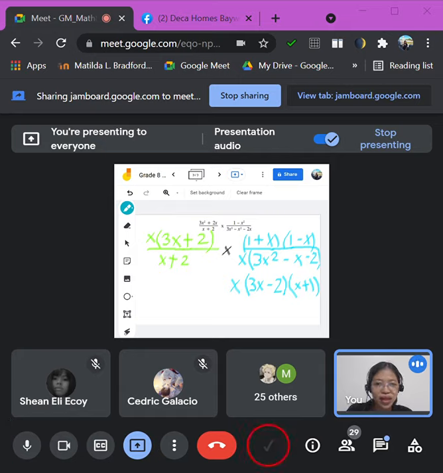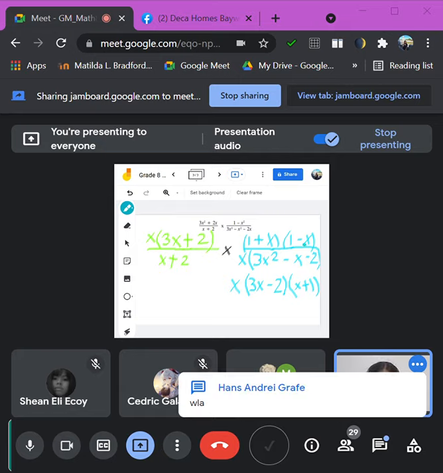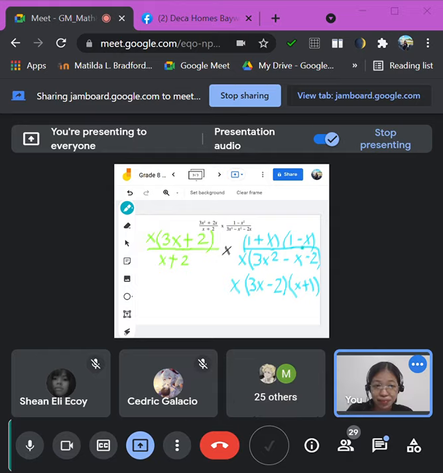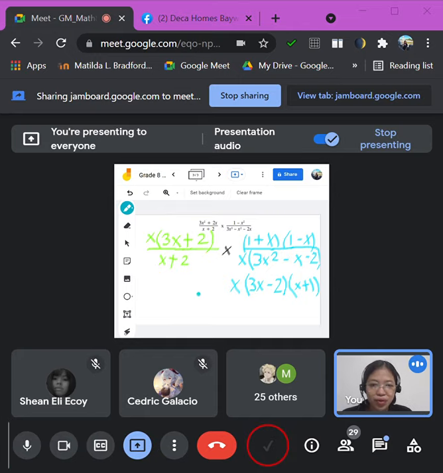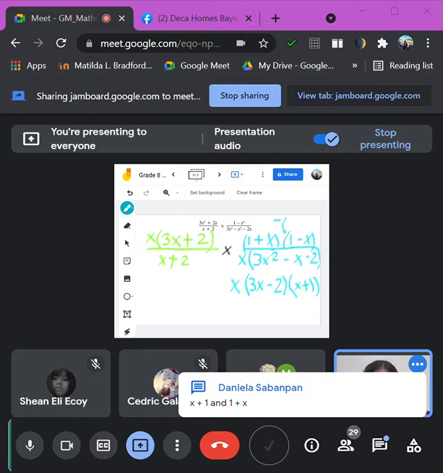Pero actually, naa siya makancel. Unsaon pag-cancel ani? So actually, class, if we are going to change this one in the form of x plus 1, ang mahitabo niya is negative x plus 1 and 1 plus x.